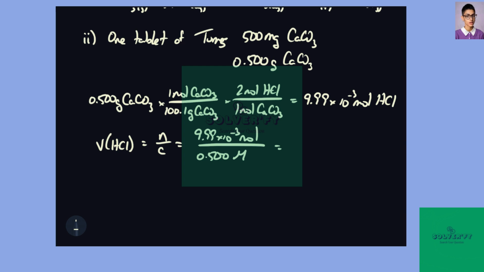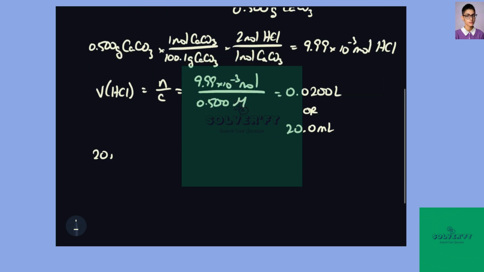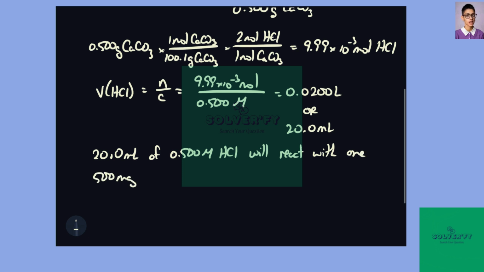And this would work out to 0.0200 liters or 20 milliliters. So 20 milliliters of 0.5 molar HCl will react with 1 500 milligram Tums tablet.